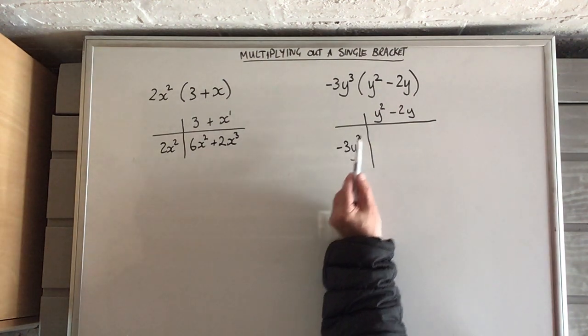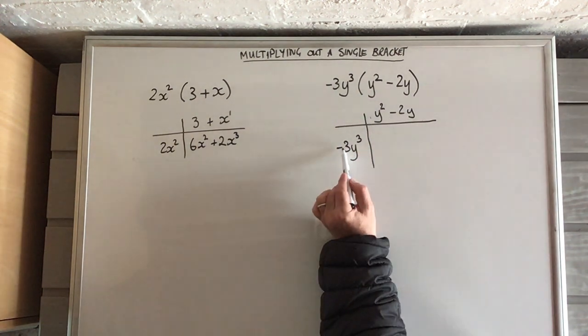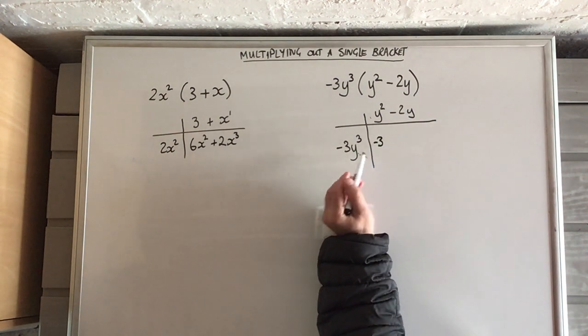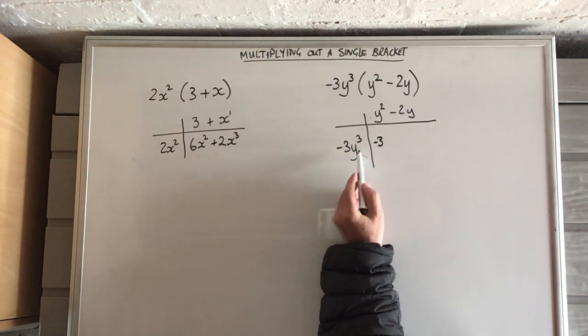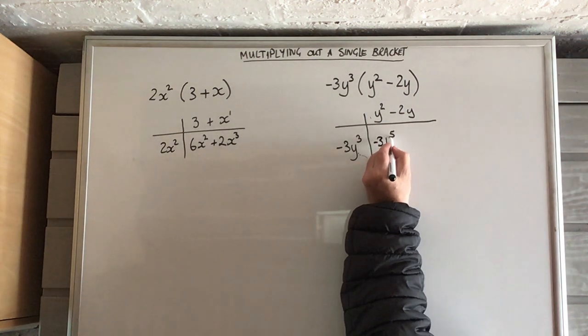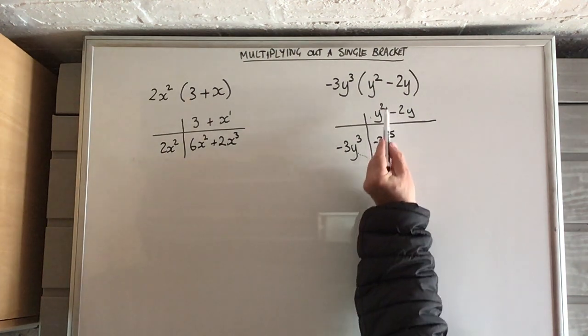So negative 3 times 1, remember there's a 1 there that we don't see, that's 1 y squared, so negative 3 times 1 is negative 3. Y cubed times y squared gives me y to the 5. You add the powers. So it's important that you know that you add the powers.